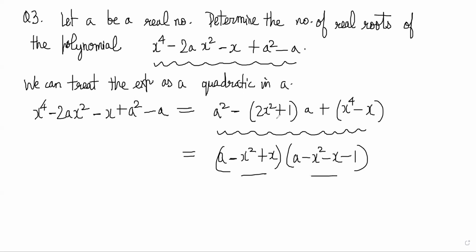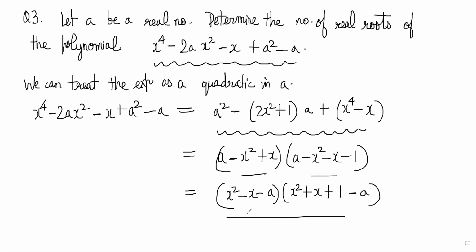I am able to factorize it because I'm going to use the simple quadratic formula on this, but think of it as a quadratic in a. So basically you will get roots of x square minus x and x square plus x plus 1. Now that I have a factorization, I can rewrite it like this. This can be written as x square minus x minus a multiplied by x square plus x plus 1 minus a, right?